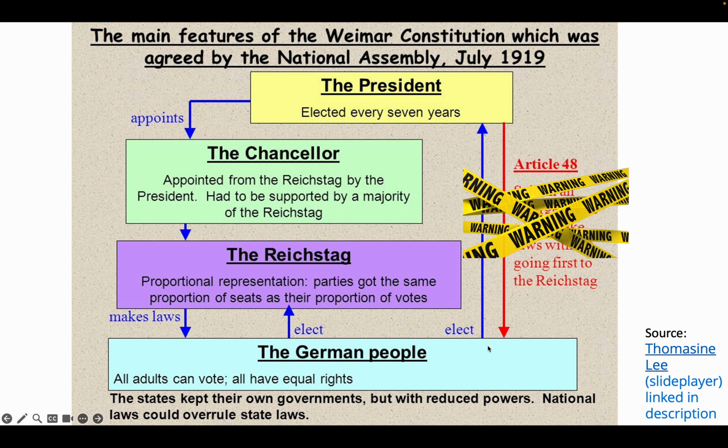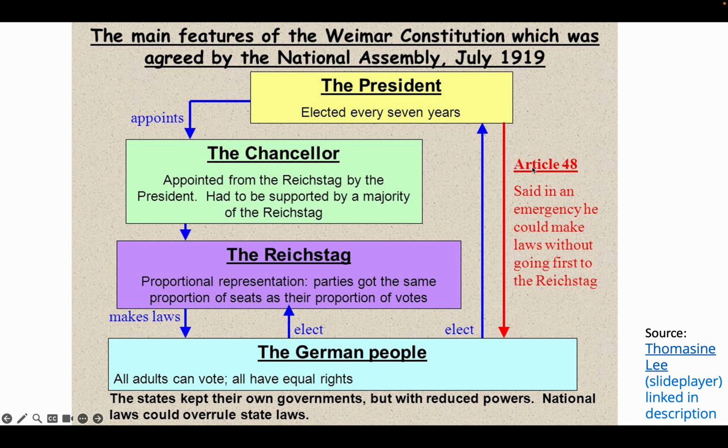Now, there was one important law in the Constitution. It's called Article 48. I put a warning sign there because it was quite dangerous. Article 48 said that in an emergency, the president, or more like the chancellor and the president, could make laws without going through the Reichstag. So essentially, they could make whatever laws they wanted in the case of an emergency.